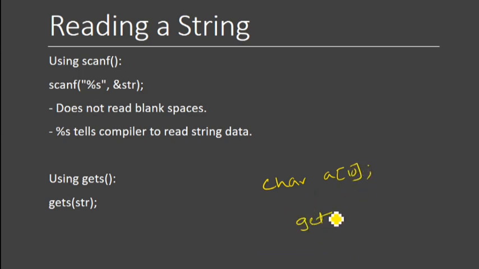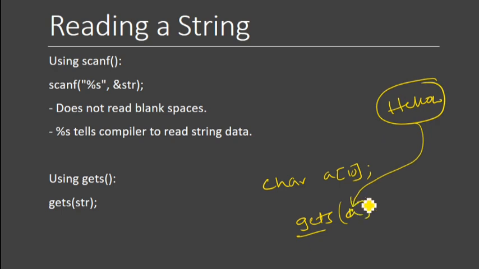When I'm entering a word, for example hello, the gets function reads this from the keyboard and places it into the variable a, because I already declared a as a character array. So array means string only. A of 10 means string. So what is a string? A group of characters or a character array.